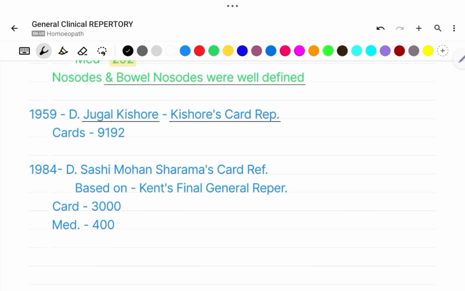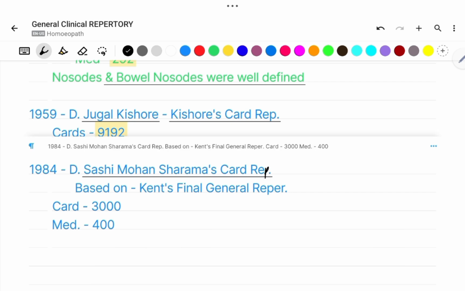Total number of cards in this repertory 9,192. And in 1984, Dr. Shashi Mohan Sharma's card repertory came, which was based on Kent's final general repertory. Total number of cards in this repertory 3,000 and total of medicines were 400.